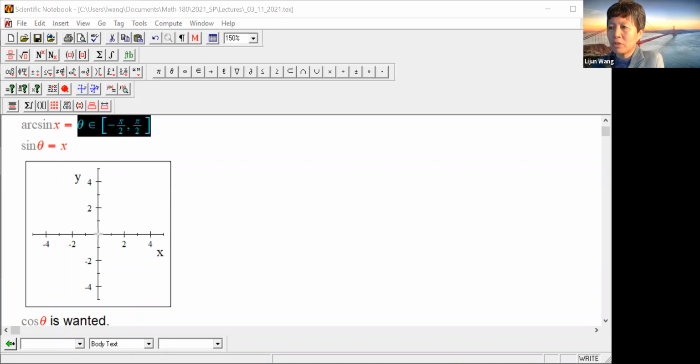So basically you measure an angle. This is angle theta. Of course, it could be the other one. It could be in the fourth quadrant, either first quadrant or fourth quadrant. So that's your theta.